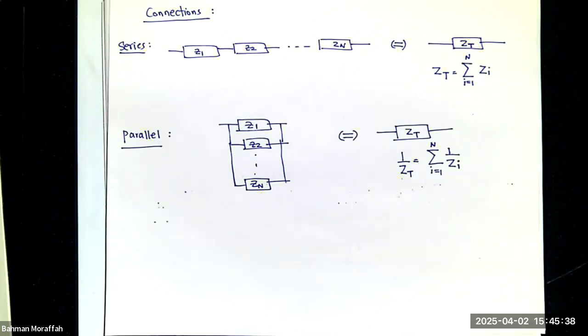But since I have a sine wave as my source, I can go from the time domain to the frequency domain. And as soon as I do, I change the values to their corresponding values. I can treat them all as a resistor, and I can just add them all up, or find the connections, whatever the connections are. So it makes our lives much, much easier.